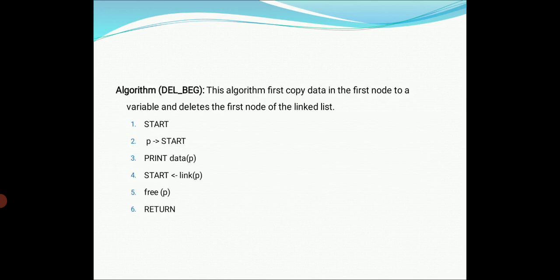Then start equals link of p. The link of p is the second node, and the second node is attached to start, so start now contains the address of the second node. Then free p, that means delete the p node, which deletes the first node. This is the algorithm for deleting the beginning node in the linked list.